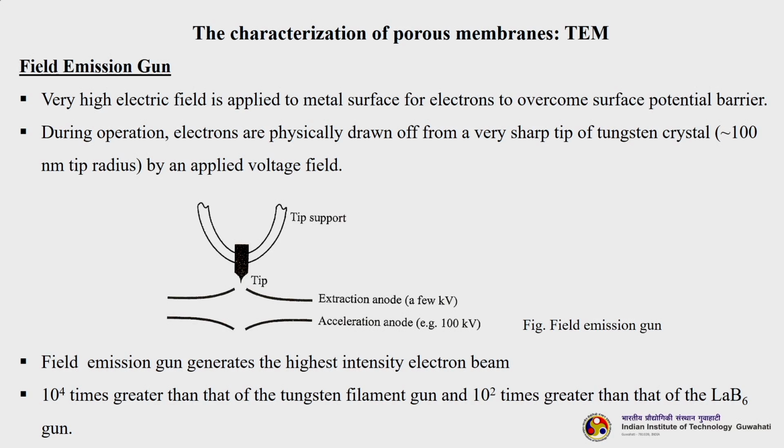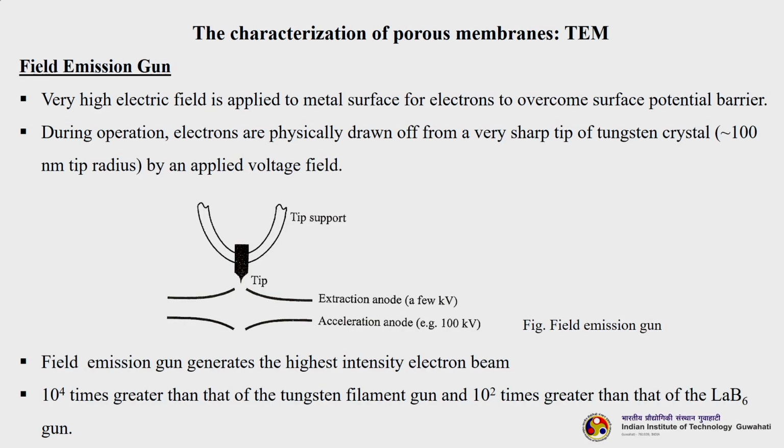Then let us understand what a field emission gun is. A very high electric field is applied to a metal surface for electrons to overcome the surface potential barrier. The difference between the field emission gun and the thermionic gun is that in the thermionic case you need to supply more temperature to the cathode so that it will overcome the surface potential barrier and the electrons get released, whereas that is not true in the field emission case.